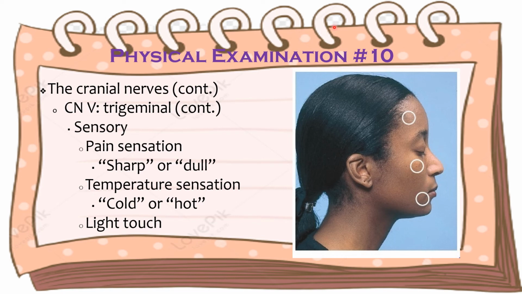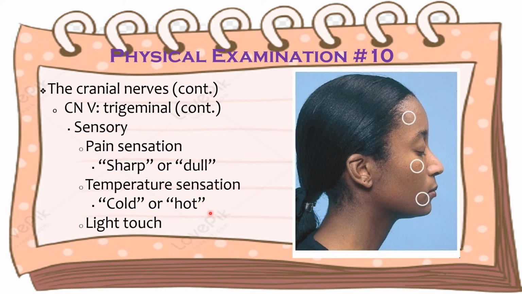Then you can use an appropriate sharp object such as a sharp wood splinter, made by breaking or twisting a cotton swab or tongue depressor, for the sharp sensation, and use the end of the cotton swab as a dull stimulus. Then you can ask the patient to report whether it is sharp or dull and to compare the sides. Or you can also use temperature sensation.